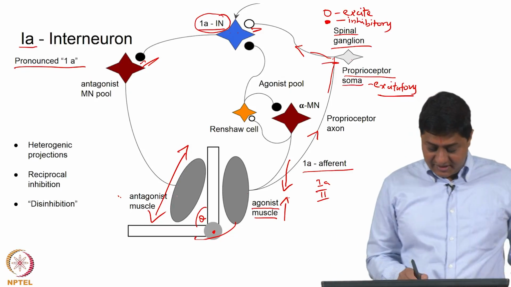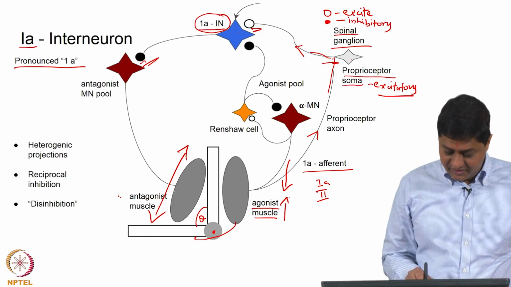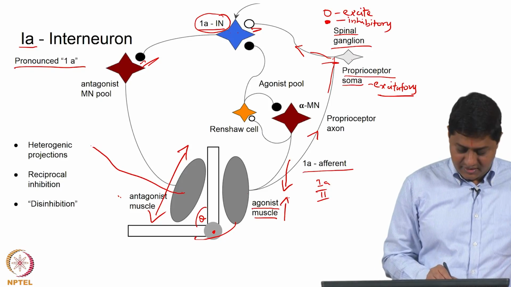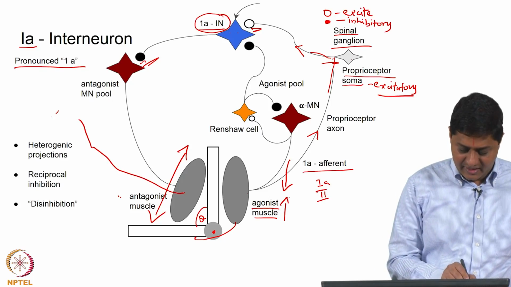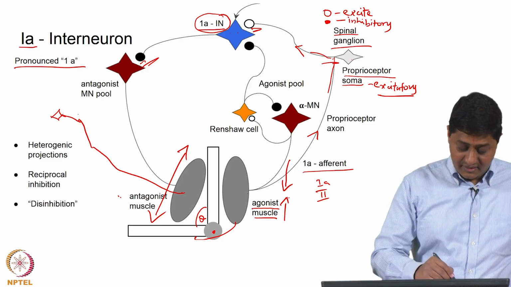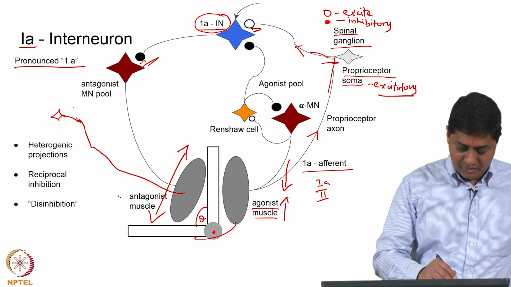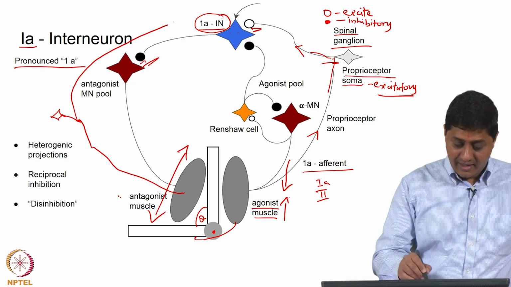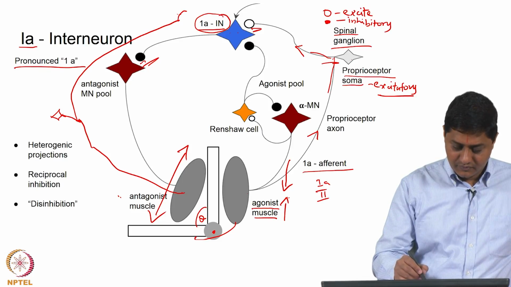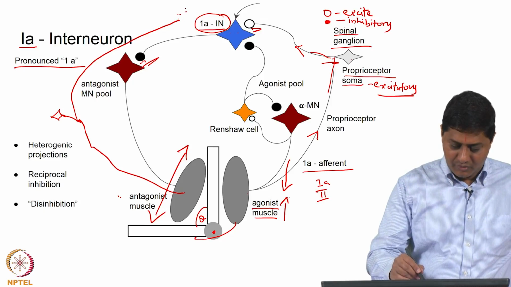As soon as this muscle is getting stretched, what is not shown in this picture, now I will draw, is that there is a proprioceptor axon here whose cell body is lying in the spinal ganglion, let us say that is a spinal ganglion, and there is a T shaped axon having both orthodromic and antidromic conduction, and there is one more neuron here.